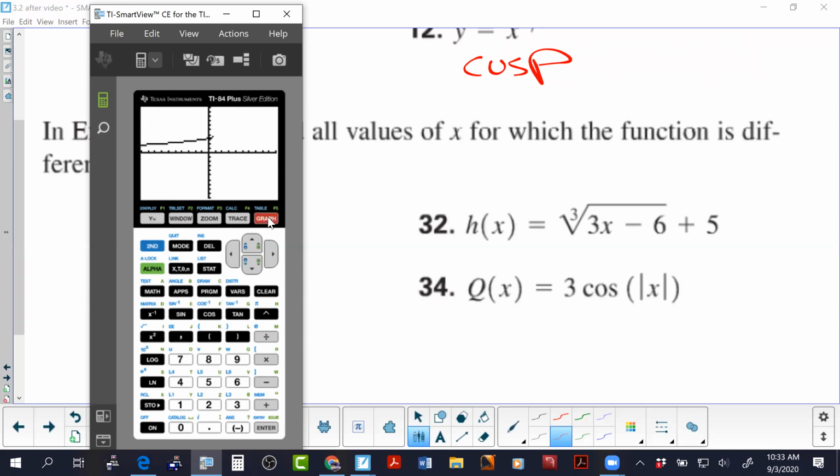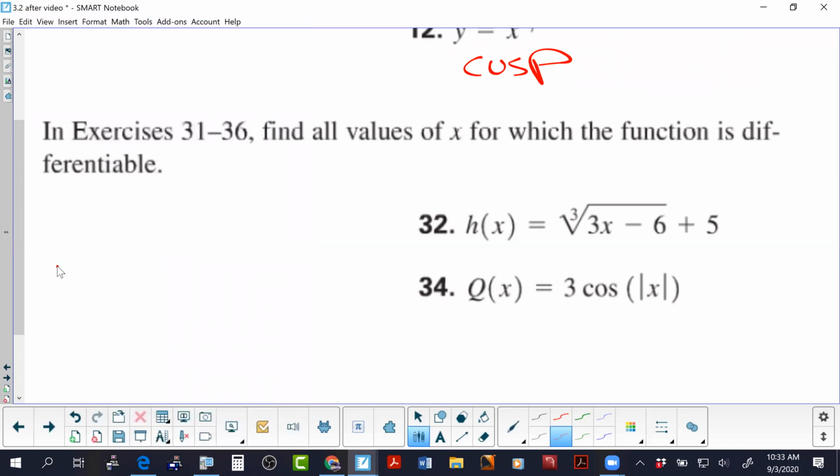Let's graph it. There is a vertical, I think there's a vertical tangent line right at 2, 5. So, find all the values of x for which the function is differentiable: -infinity to 2, union with 2 to infinity. So vertical tangent lines means it's not differentiable there.